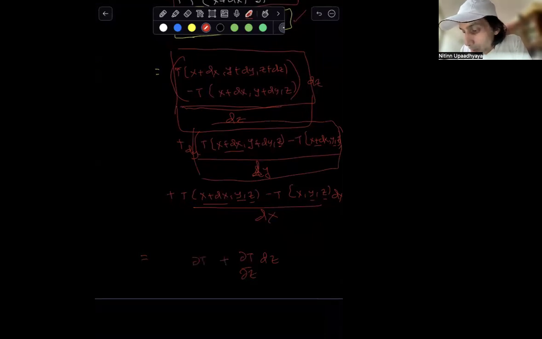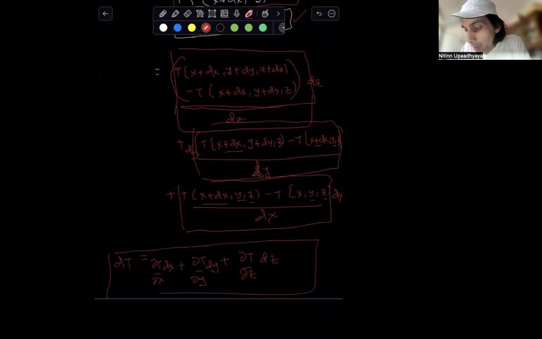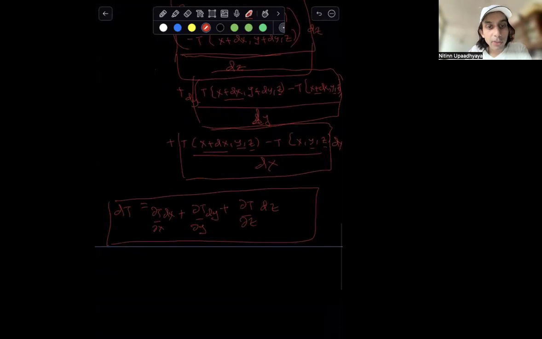So that gives me the partial of T with respect to y, times dy, and in this combination, only x is changing. So that's the partial of T with respect to x, times dx. And that's the total change in the temperature, expressed in terms of partial derivatives of the temperature field with respect to each of the independent variables, x, y, and z.